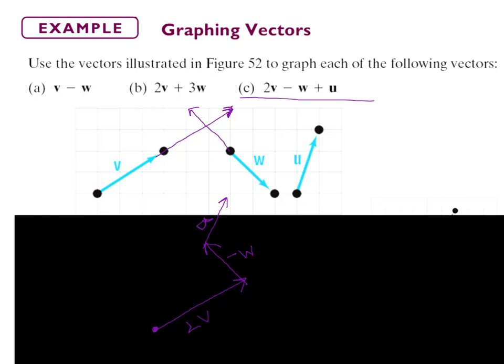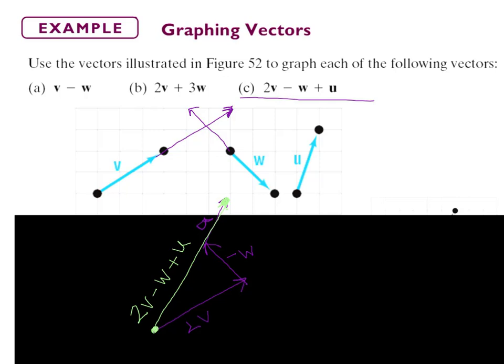Okay? Now my final answer would be, I start at the initial point and I go to the terminal point. So this is my vector 2v minus w plus u.